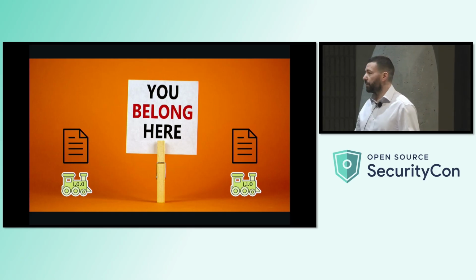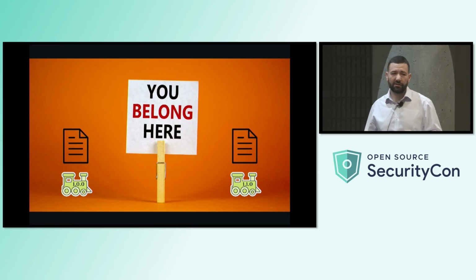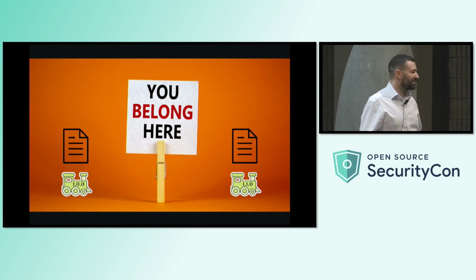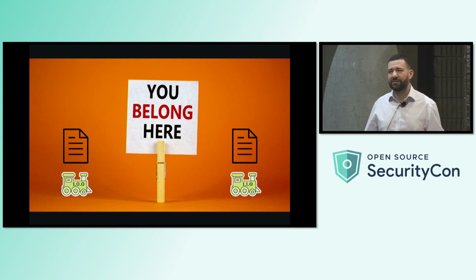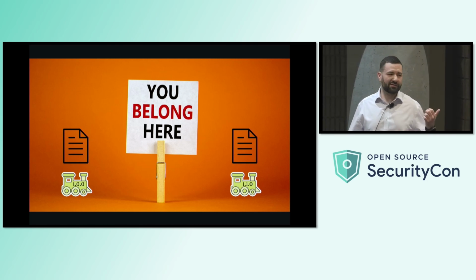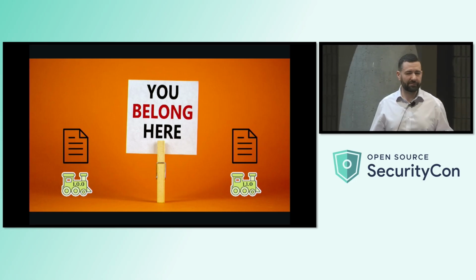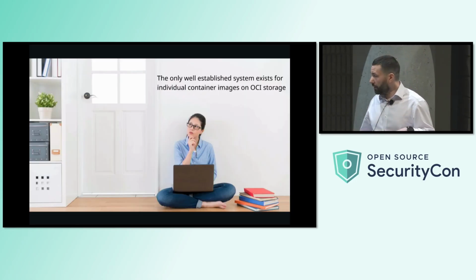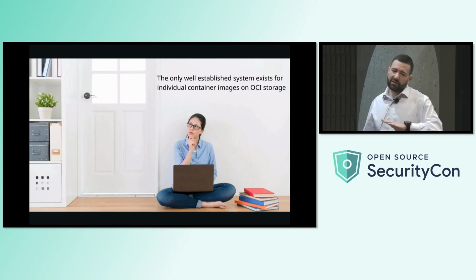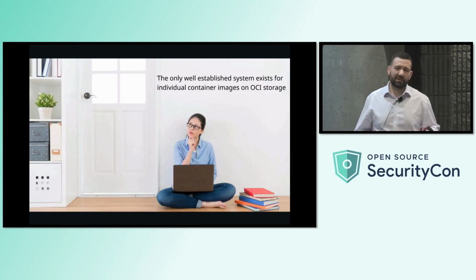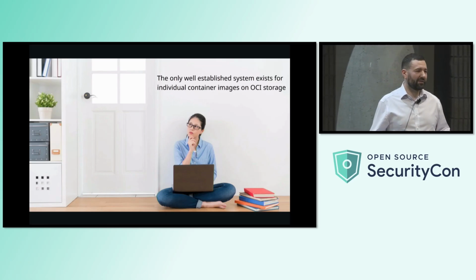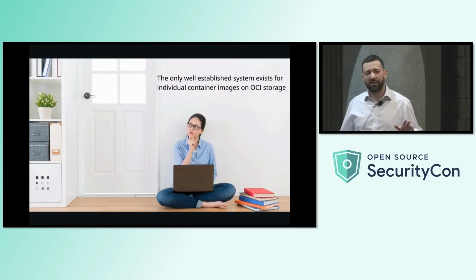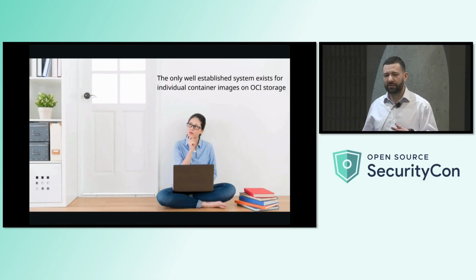What we want to see is documents that are organized per release. I think that is very natural. However, this is difficult with the state of the art which existed a few years back and frequently persists. I'll say right away, because this is a cloud native event, one area where this is done well, I believe, is OCI storage for individual container images.